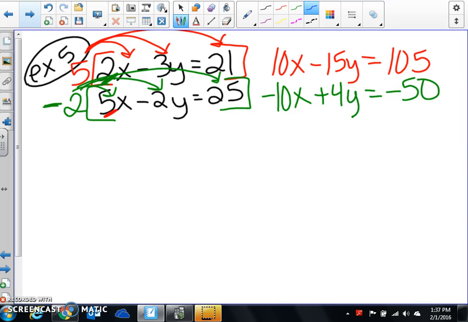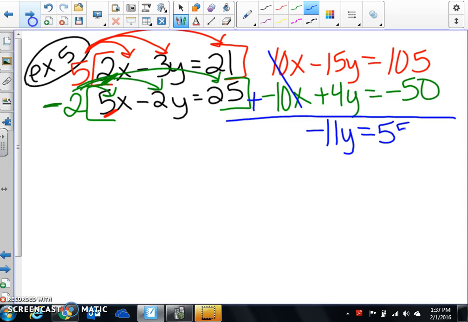All right, so now my x's are the same coefficient, but they're opposite, so I can add them up. Those are going to cancel. Negative 15 plus 4 is a negative 11y. 105 minus 50 is a positive 55. And I divide both sides by negative 11, giving me y equals negative 5.